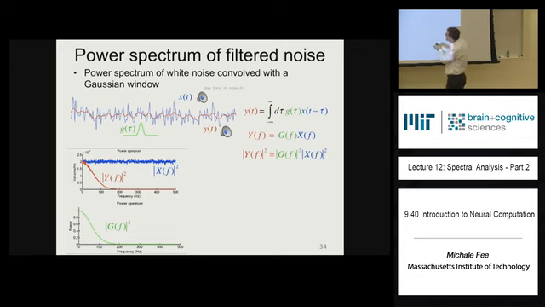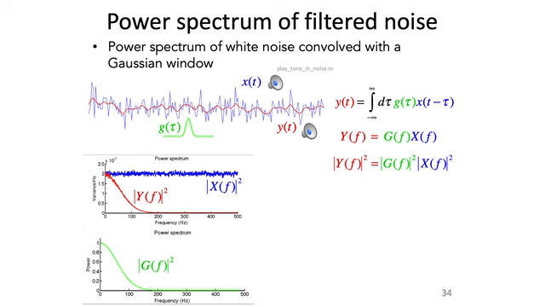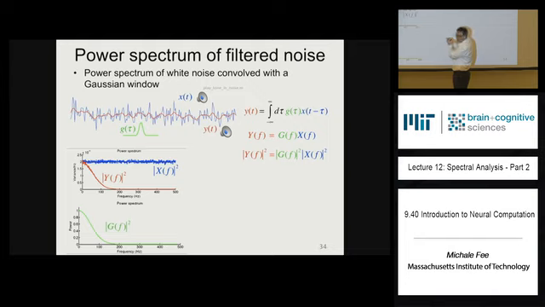So the nice thing about this is when you smooth a signal with a Gaussian, you're not adding parts of the signal here that were over here. Does that make sense? Convolving with a sinc function kind of mixes things in time. Okay?